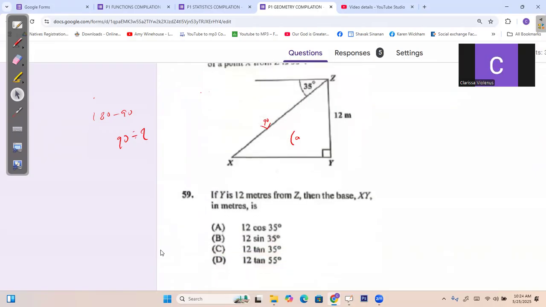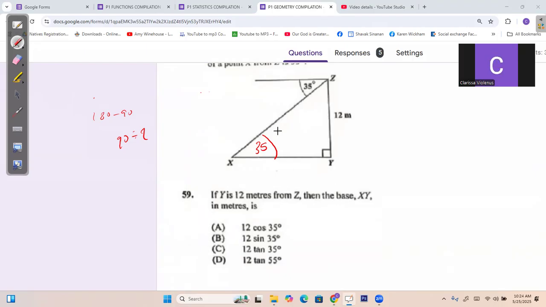It says here, so this is an angle of depression. So something we should know is that here is 35. So if Y is 12 meters from Z, that's the height.